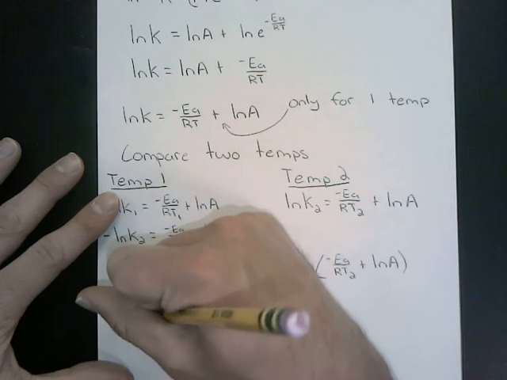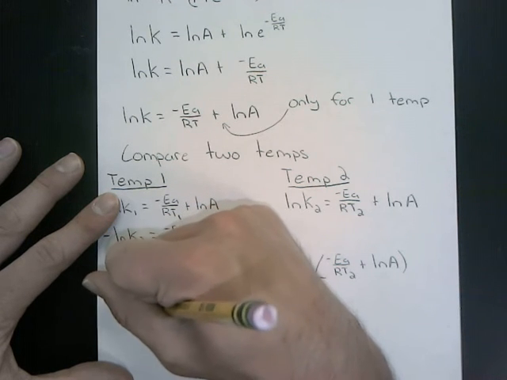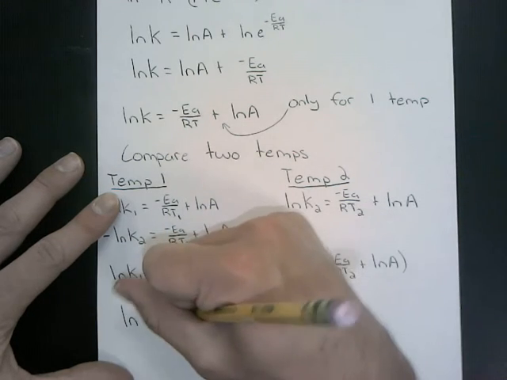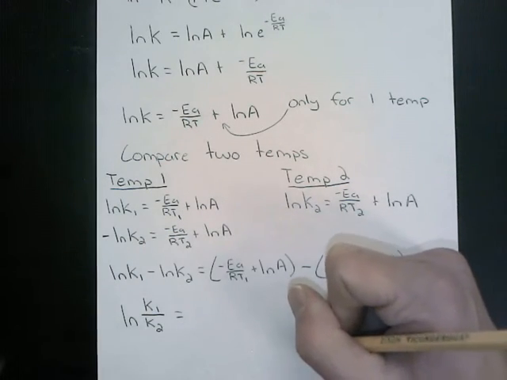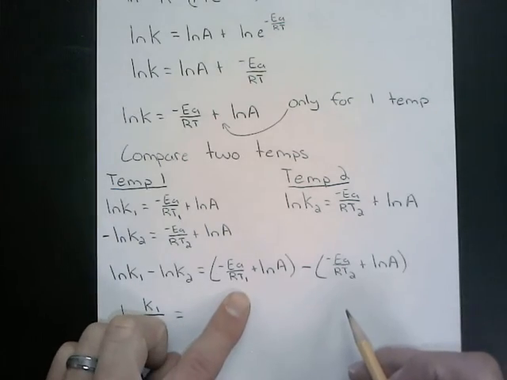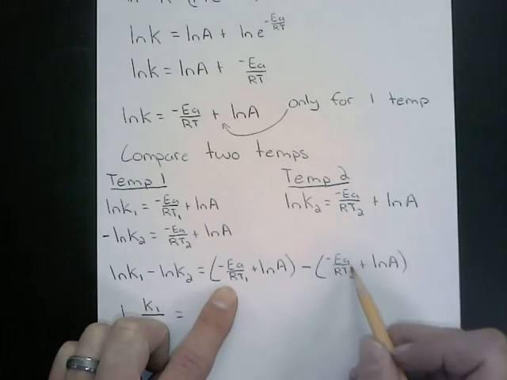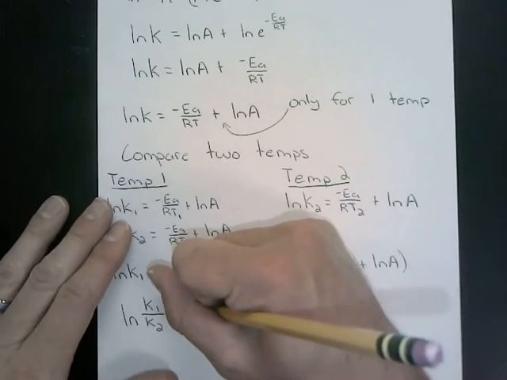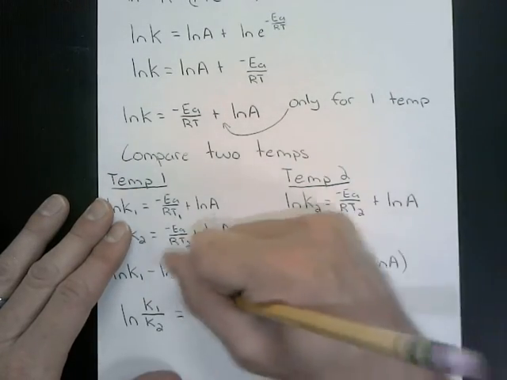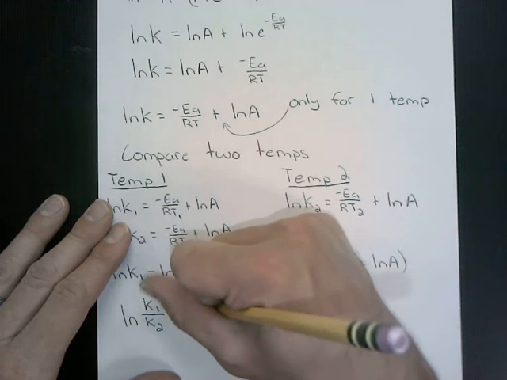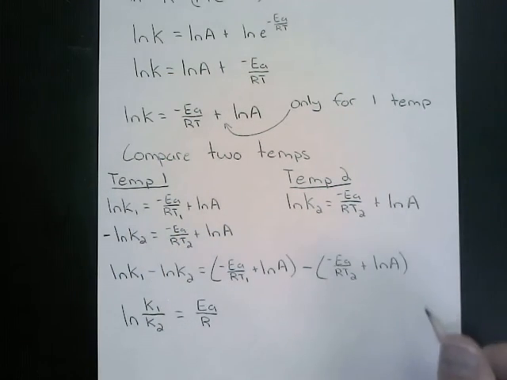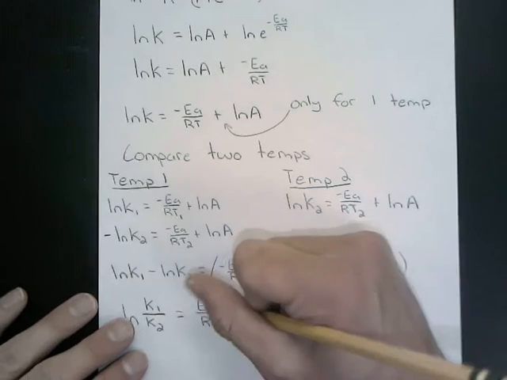You can say natural log of k1 divided by k2 equals the activation energy over R. See how both of these have activation energy over R? So we can say, hey, this is going to be the activation energy over R, and the signs would cancel out because we're going to do the following.